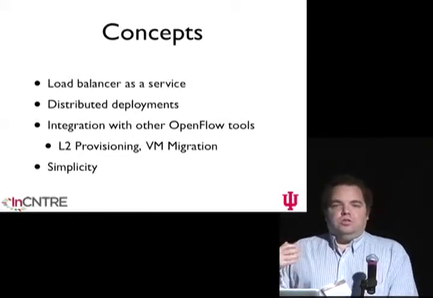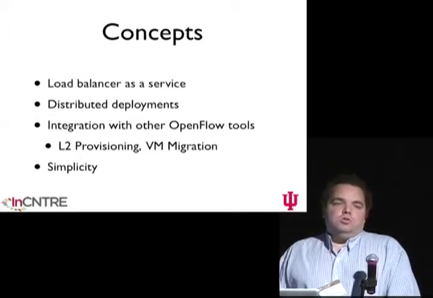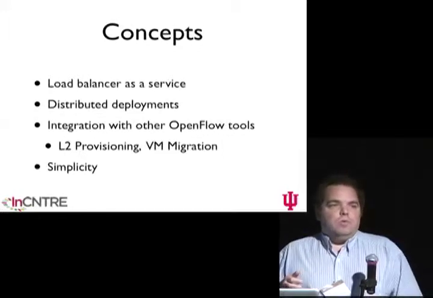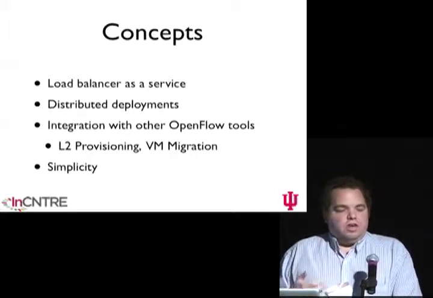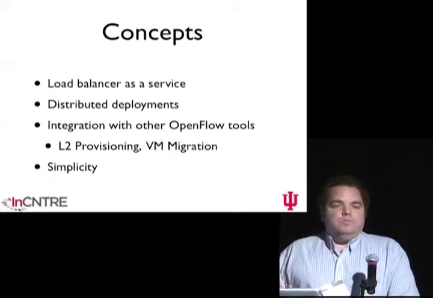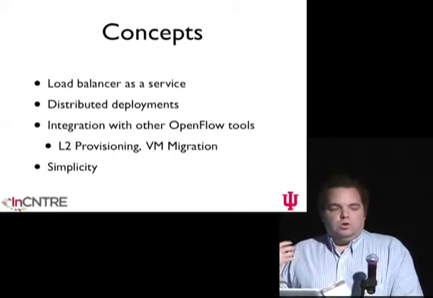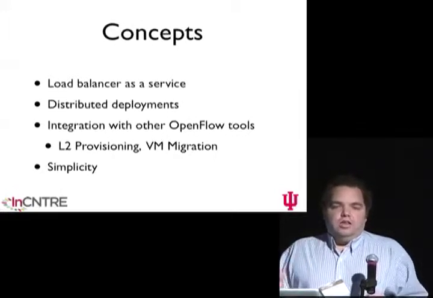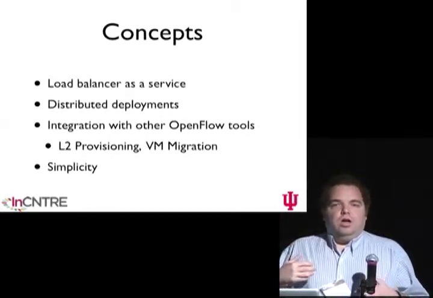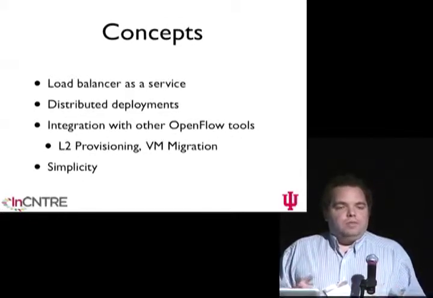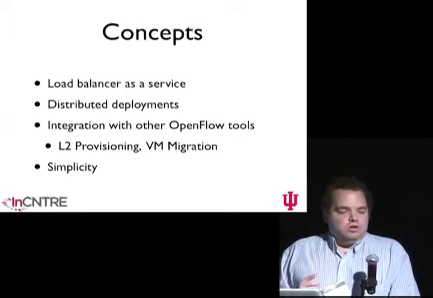So in case there is a spike in traffic, it will be able to use long distance links and dynamically push traffic to a secondary site, for example. And we've been working on integration with other OpenFlow tools such as layer 2 provisioning and VM migration, incorporating that into the load balancer. So you have a set of applications that can work together to provide an integrated service.